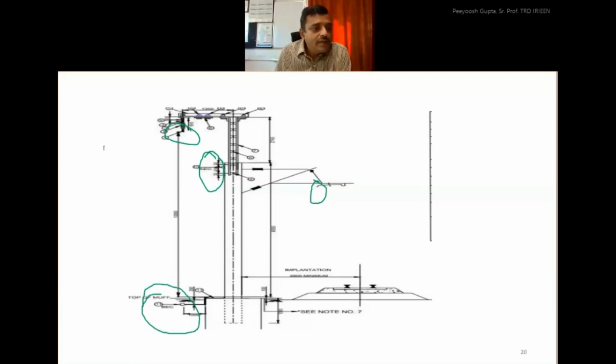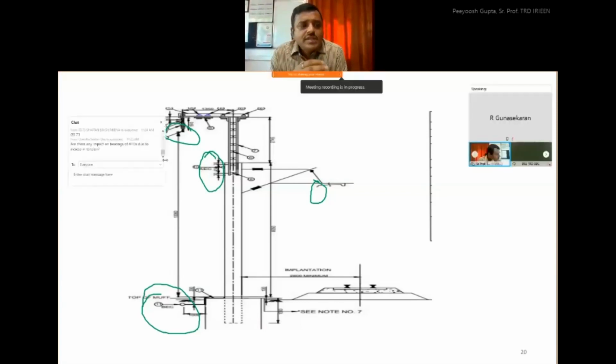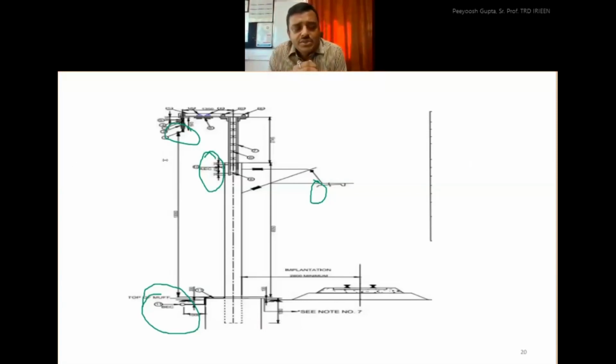One question has come up on chat box. Are there any impact on bearings of ATTs due to increase in tension? Yes, of course. Our 6305 bearing, SKF and other companies, they are mostly designed for 1200 kg.